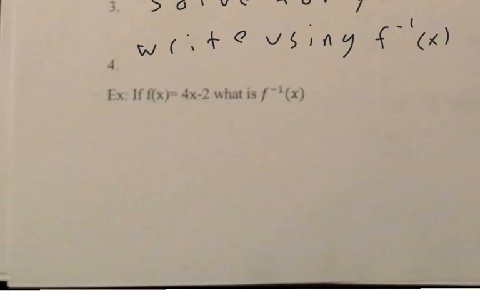Alright, so let's look at our example. If f of x equals 4x minus 2, what is the inverse of f of x? Our first step is to replace that with y equals, so y equals 4x minus 2. Our next step is to swap x and y, so x equals 4y minus 2.